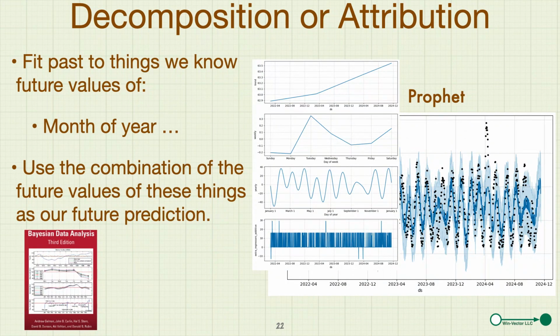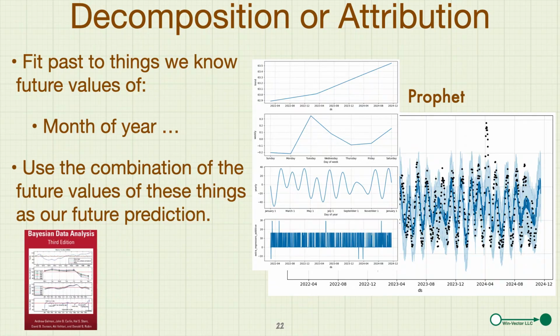Now we're back to my favorite methodologies. Prophet is one of them, and it's decomposition or attribution. Now, Prophet is hardwired for business clock. Essentially, its time unit is a day. It needs a time index that is real days, like January 15th, 2020.